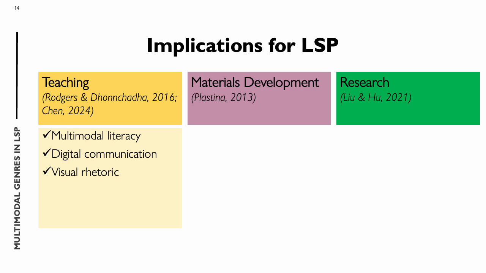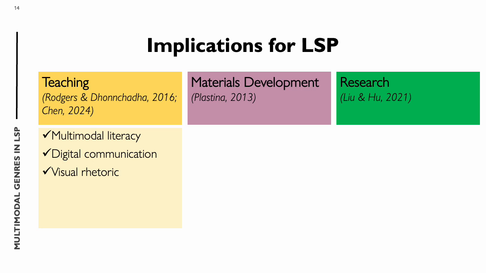However, students today increasingly need to create presentations, videos, online content, and other multimodal forms of communication. As a result, LSP teaching now needs to support multimodal literacy alongside linguistic competence. This includes helping learners develop skills in visual communication, digital design, audience awareness, and professional identity construction.